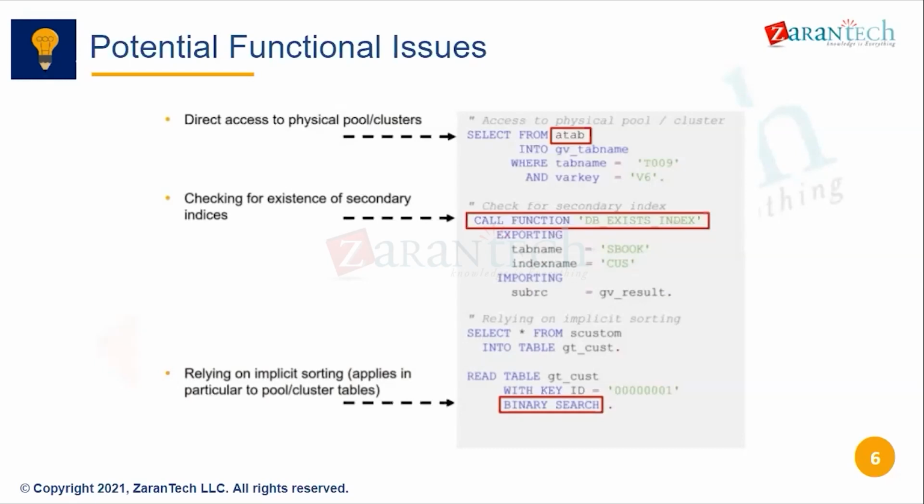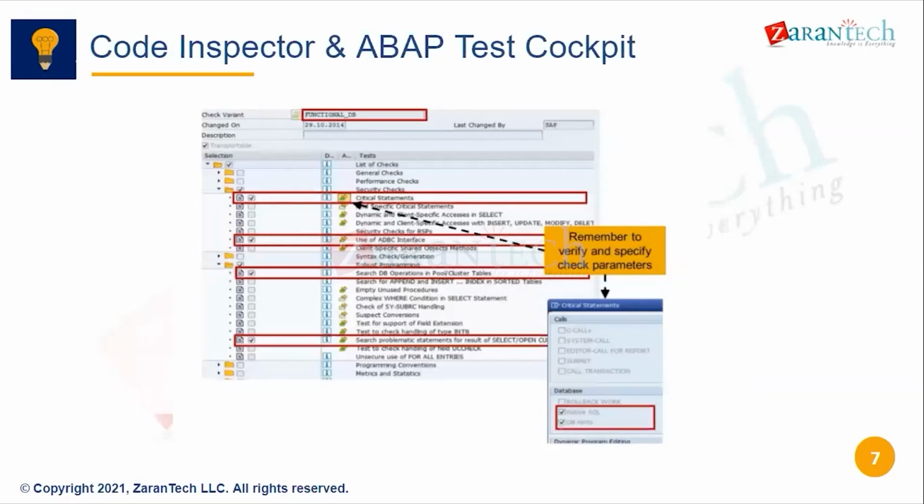We also need to check the existence of secondary indices, because with the introduction of SAP HANA DB, they have completely removed the concept of secondary indexes. And we also need to check if we are relying on the implicit sorting, which we generally do on top of the pool or cluster tables. So these are a few potential functional issues we can consider when working on a migration project, right?